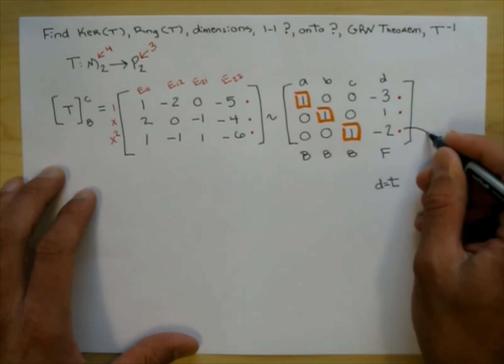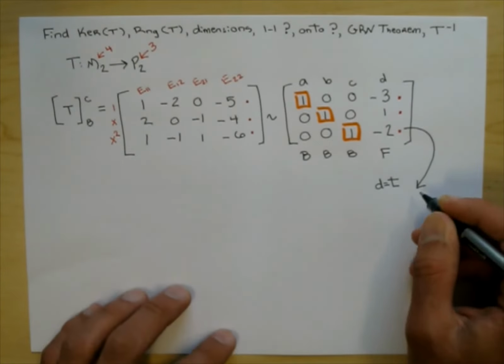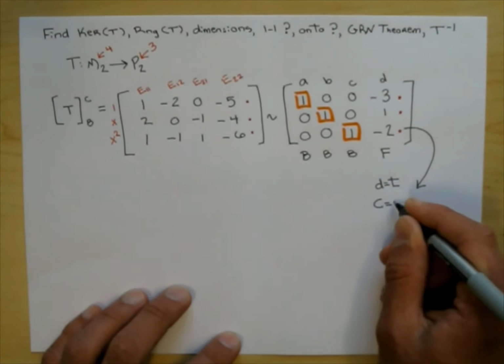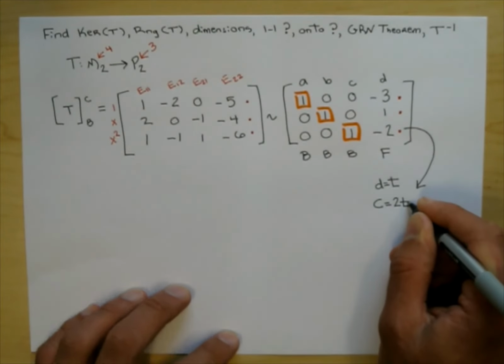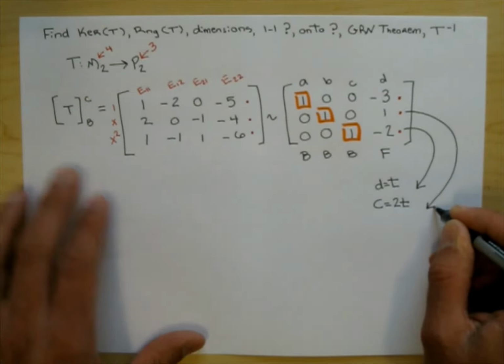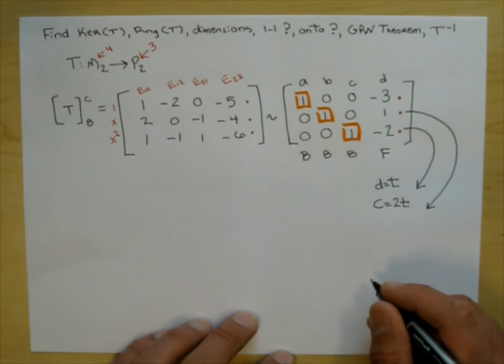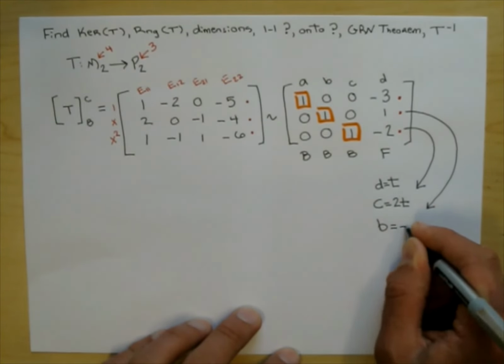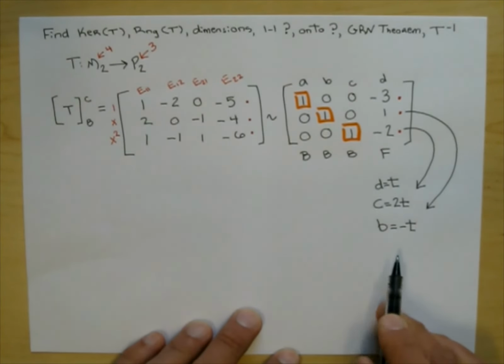Now, the third row gives us that C is 2T. And the second row gives us that B is negative T. Now if you're going, whoa, Joe, what's happening?